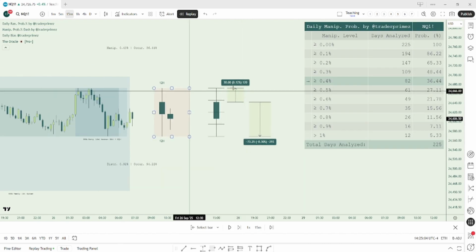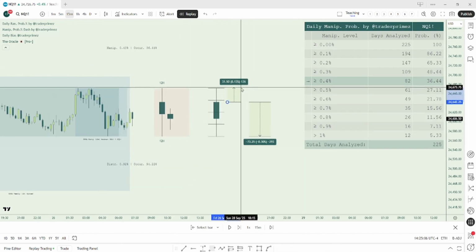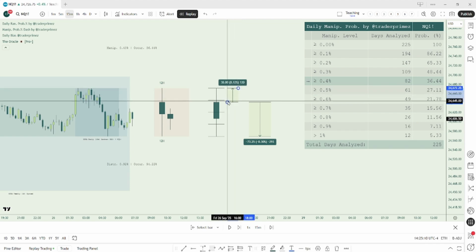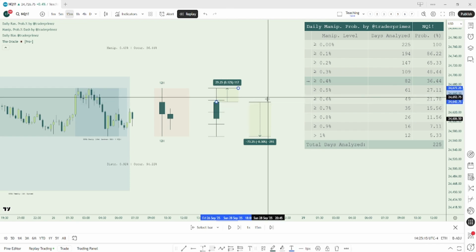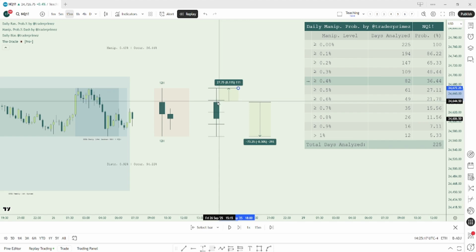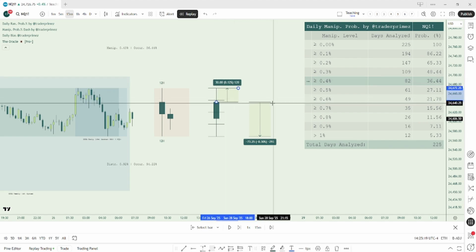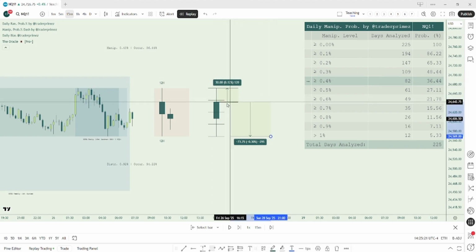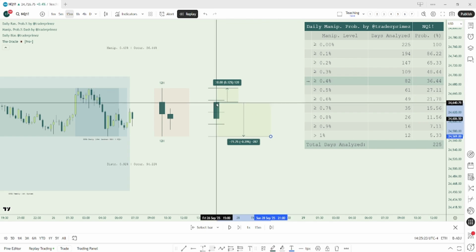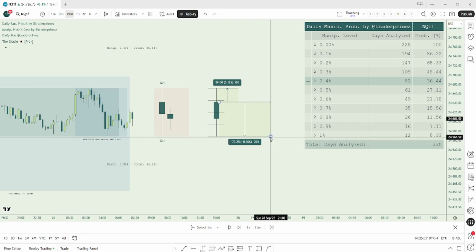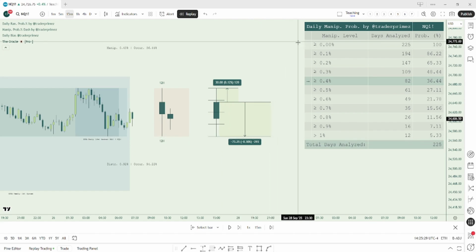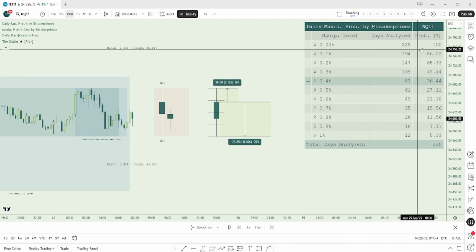If I put this measuring tool and start measuring the upward amplitude and downward amplitude in percentage, you can see the upward amplitude is 0.12 and the downward amplitude is also around 0.3%.